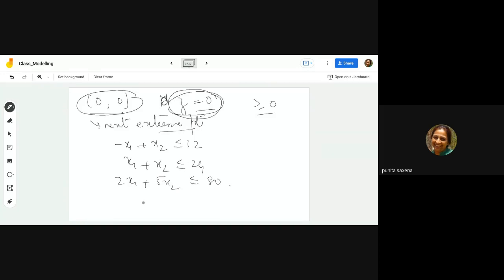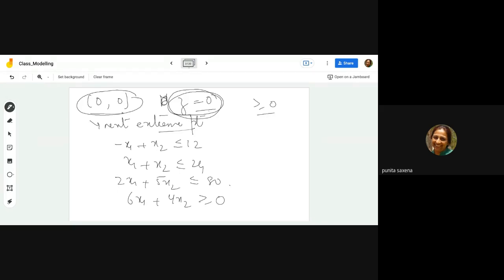Now I bring in another constraint in the augmented set, where I want the value of the objective function to be more than or equal to 0. So this is the extra constraint that I have brought in. That's why we are not calling it the set of constraints. We are calling it the set of augmented constraints.